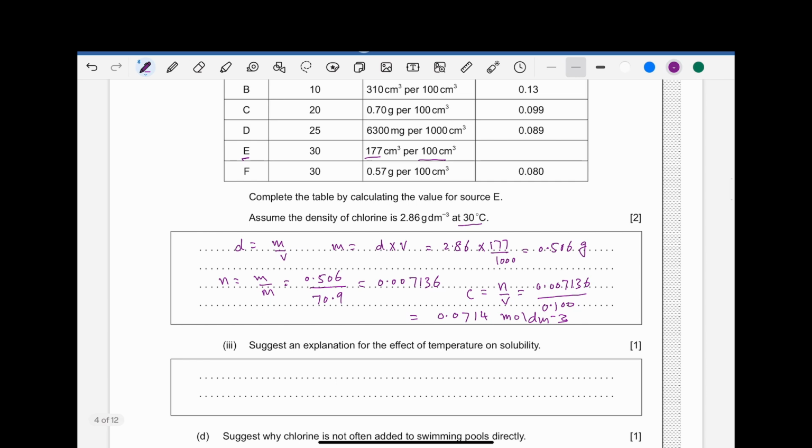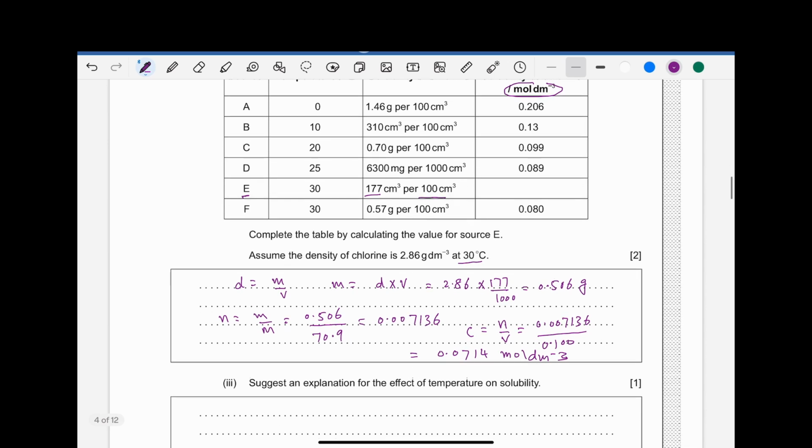Okay. Number 3, suggest an explanation for the effect of temperature on solubility. As we can see from the data, as the temperature increases, the solubility decreases.